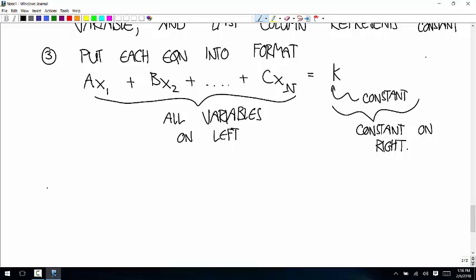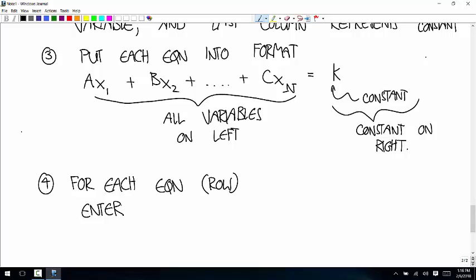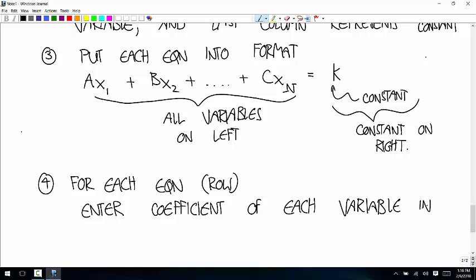Now, for each equation, and remember, we're talking about the rows, so we're talking about going horizontally across the matrix, enter the coefficient of each variable in the corresponding position.